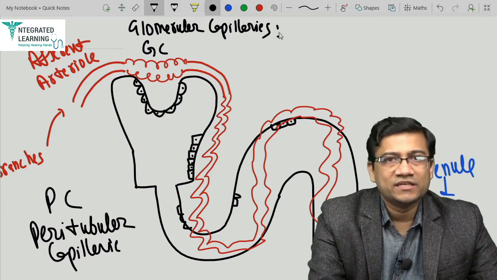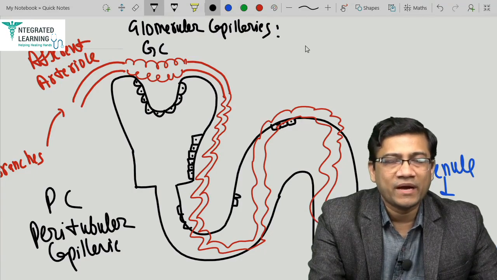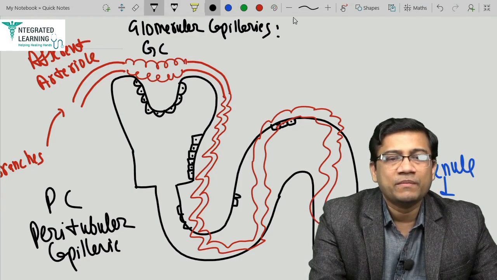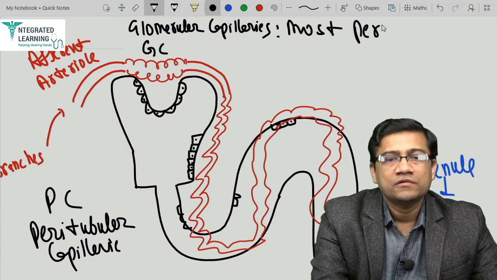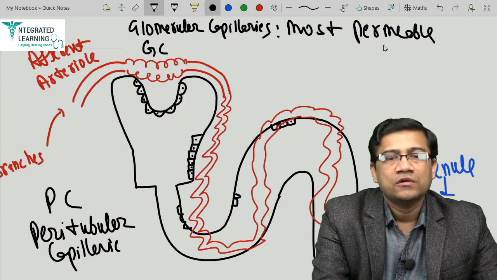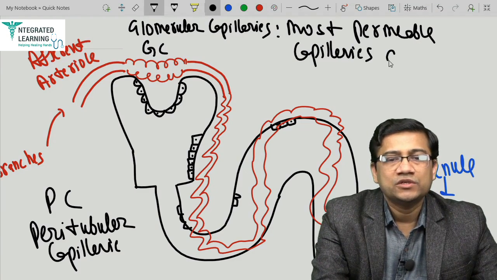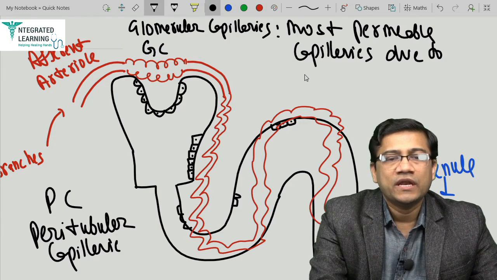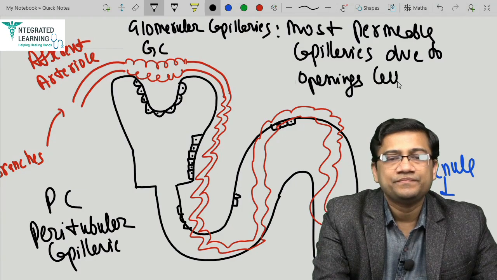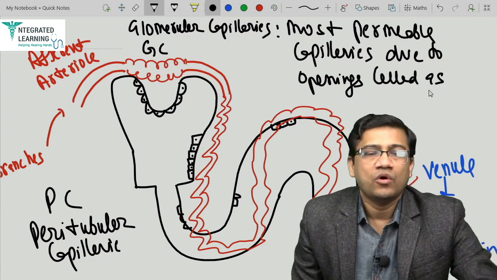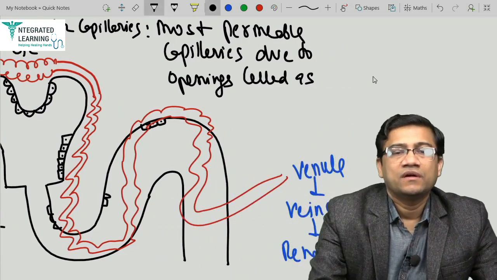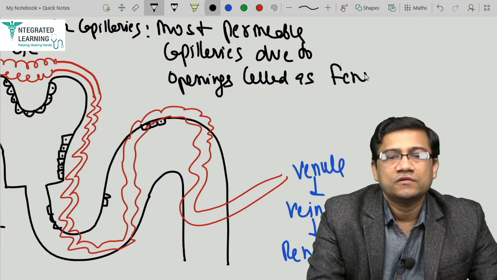Technically yes, liver has the most permeable capillaries, but the glomerular capillaries are also very permeable, the most permeable in the kidney, due to openings between the endothelial cells, called what? Fenestrations.